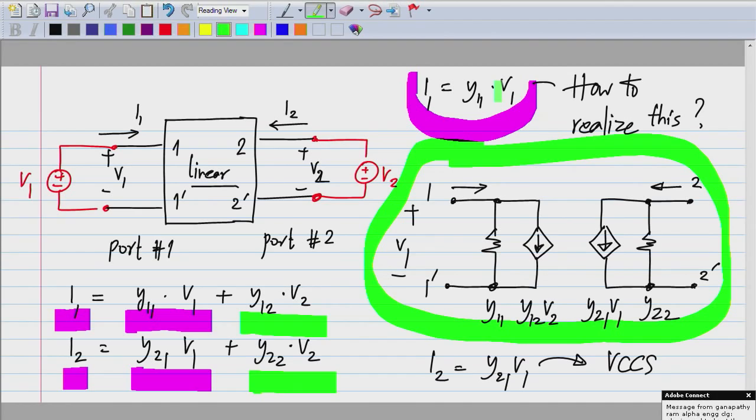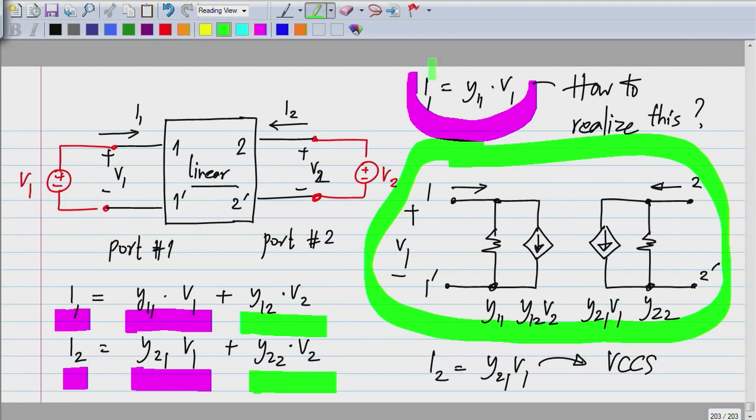Basically, it's a matter of representation, and it turns out that more complicated devices like transistors, which you will encounter later and which are used to make amplifiers and so on, can be represented using these Y parameters or some other 2-port parameters. The other question is, why do we have a conductance here?